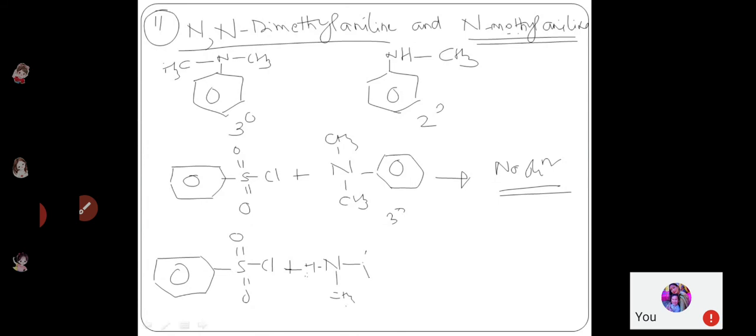Since hydrogen is there, HCl is removed, then you will get benzene sulfonyl, and it will form a bond with nitrogen. Nitrogen has one benzene ring and one CH3. Now this nitrogen is secondary amine, and it does not have hydrogen, so it is insoluble.